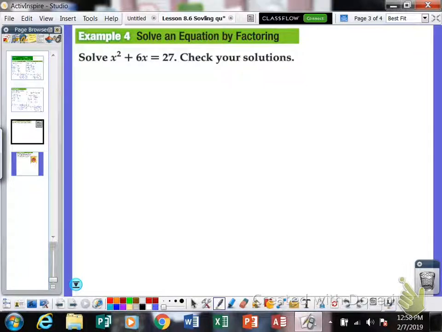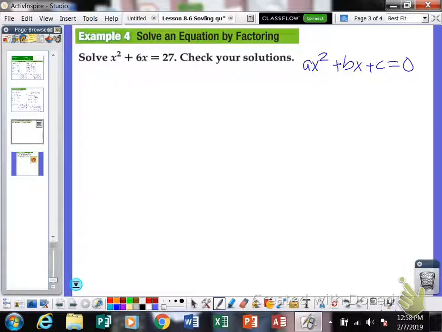Alright, so example 4 is going to be a little different. We're going to solve an equation by factoring. So solving equations by factoring, a quadratic equation can be written in the standard form of ax squared plus bx plus c equals 0, where our a cannot be 0.